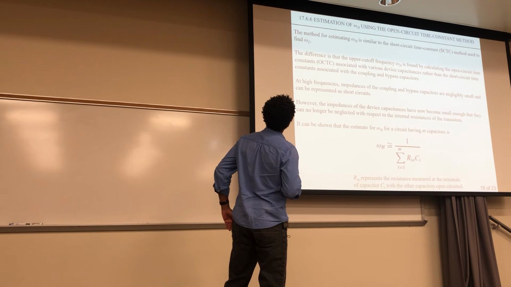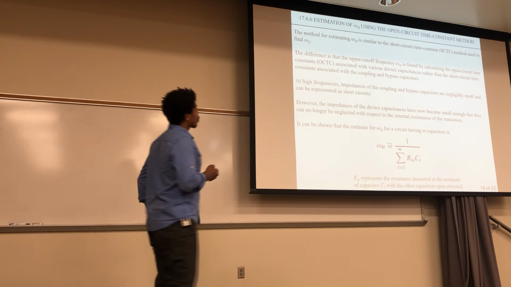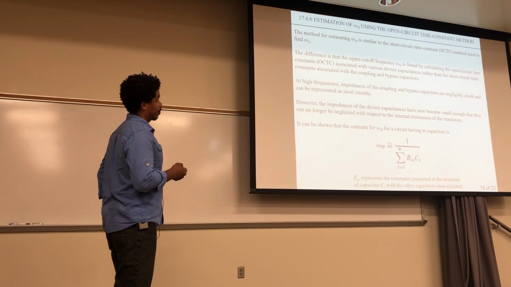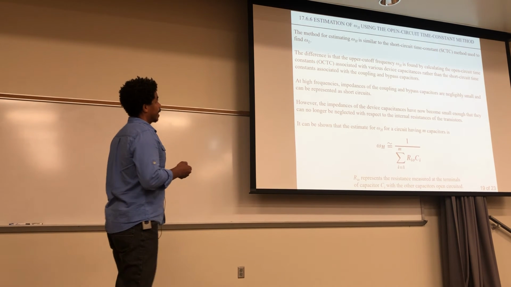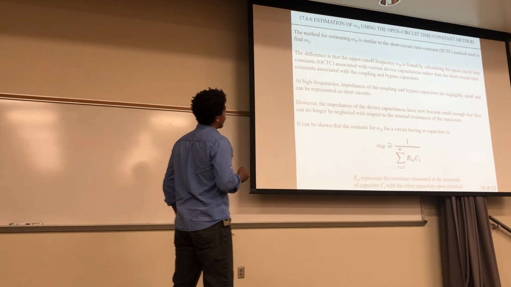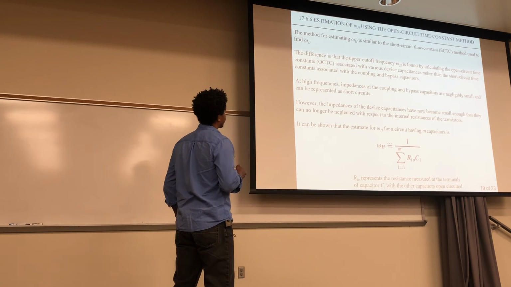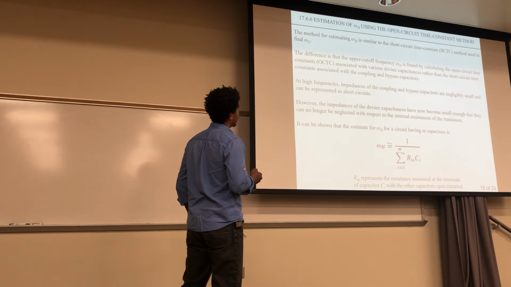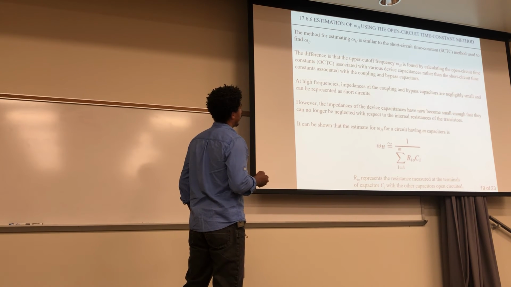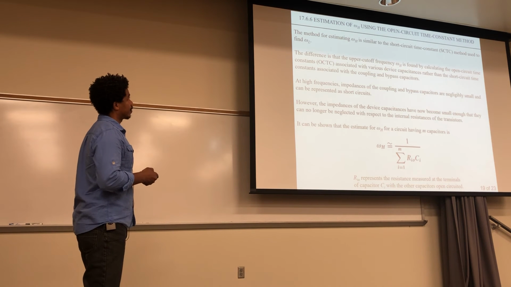Okay, so it says here that the method for estimating omega H is similar to the short circuit time constant method, which we talked about last time, SCTC, used for omega L. The difference is that the upper cutoff frequency, omega H, is found by calculating the open circuit time constants associated with various device capacitances, rather than the short circuit time constants associated with the coupling and bypass capacitors.